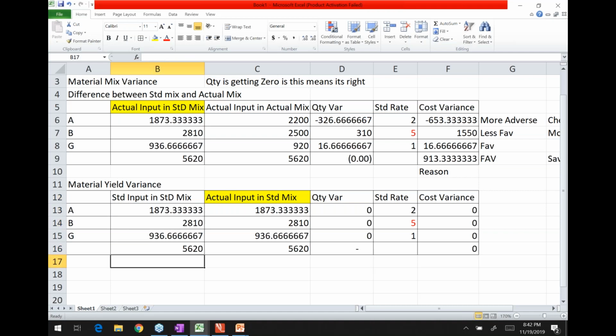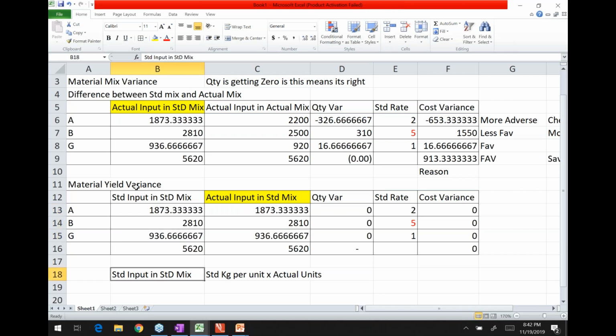It's a very simple formula: standard kg per unit multiplied by actual units. So do remember this formula: if you need to work out standard input in standard mix, it is standard kg per unit into actual units. So I can just use this one and do my workings.